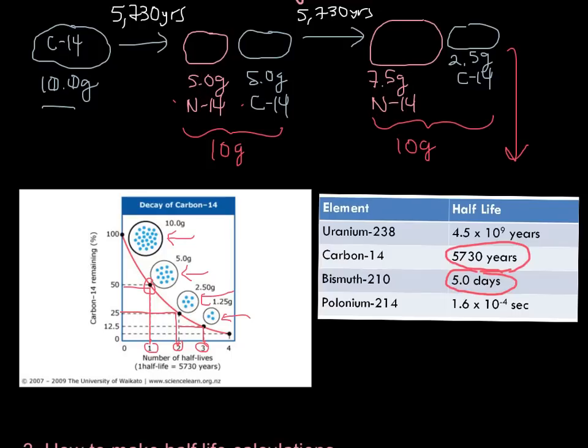And then you have something even crazier like uranium-238, which takes 4.5 times 10 to the 9th years. That's like billions of years. That's a crazy amount of time. So the point being that there isn't a set half-life for all elements, but all elements have a half-life that's unique to that particular radioactive isotope.